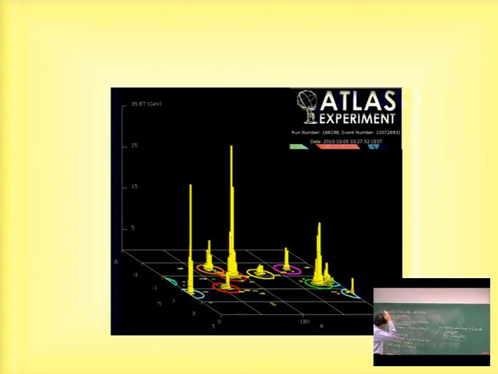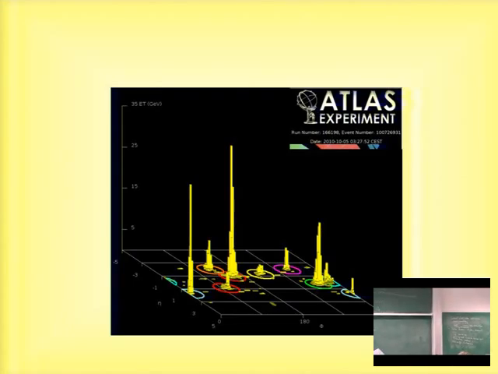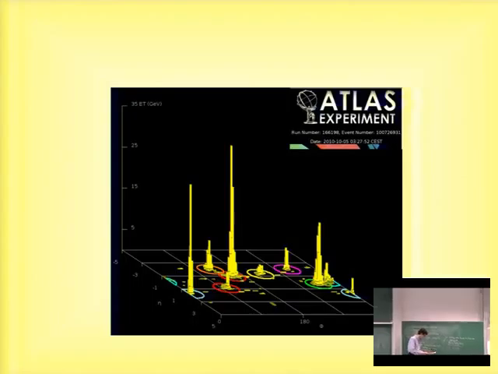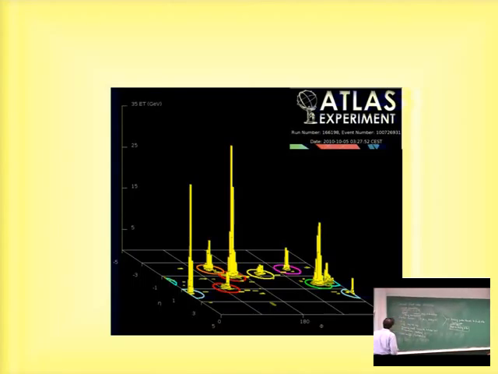So the ingredients that you need to do these kinds of matching are in fact the same ingredients that you need to do fixed order calculations. Namely, you need to be able to calculate these short distance cross sections, and those short distance cross sections are built out of amplitudes. And it's ultimately amplitudes that you're going to spend most of this school learning how to calculate.